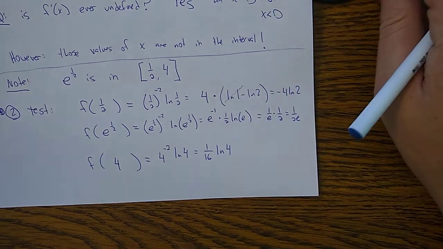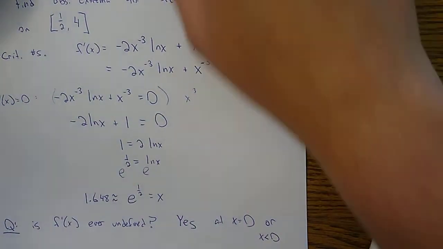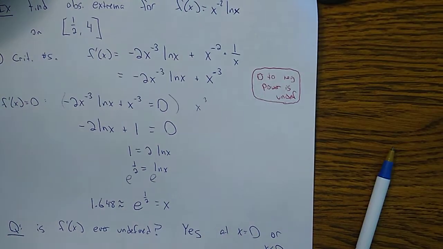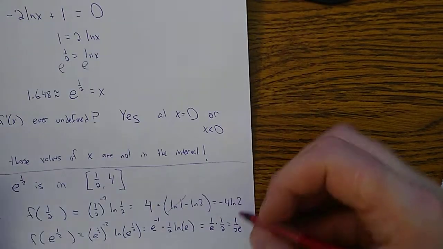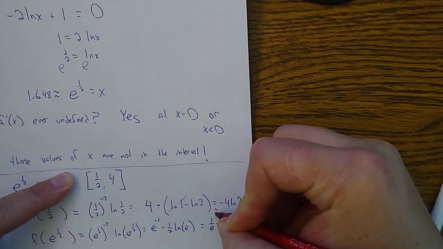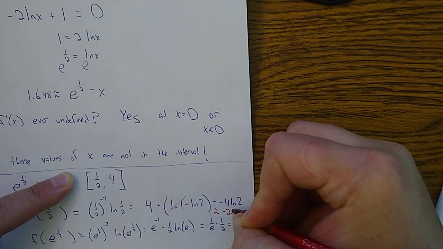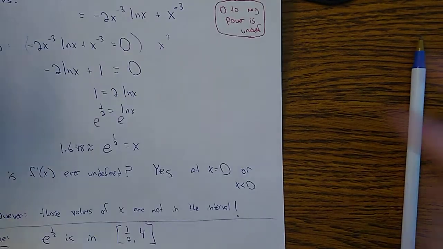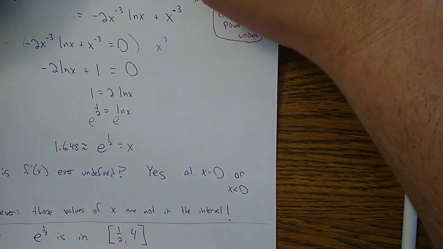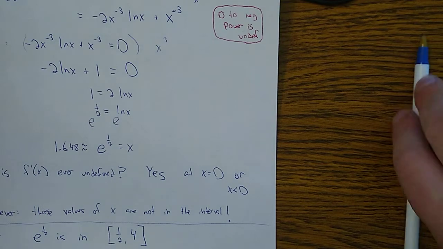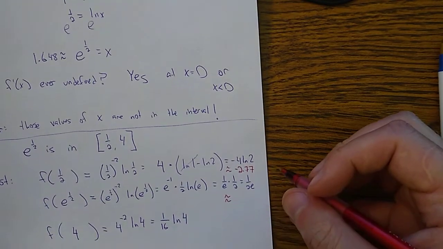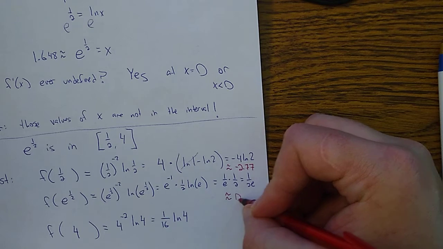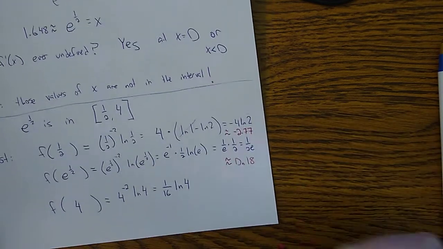So this is another spot where I'm going to use the computer. -4 natural log 2 is approximately -2.77. 1 over 2e is approximately 0.18.